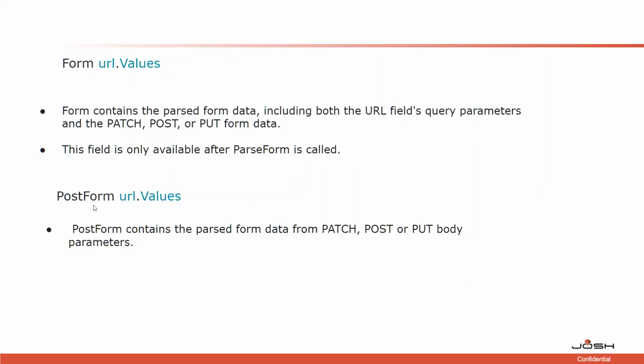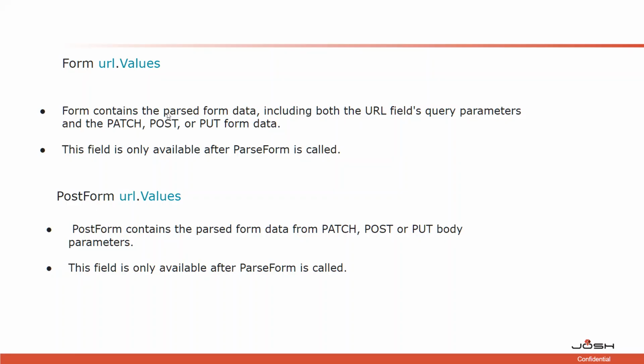There is another field called PostForm. PostForm contains the parsed form data from PATCH, POST, or PUT body parameters. Again, the field is only available after calling ParseForm. So what is ParseForm? It's in the next slide. The important part here is the difference between Form and PostForm.